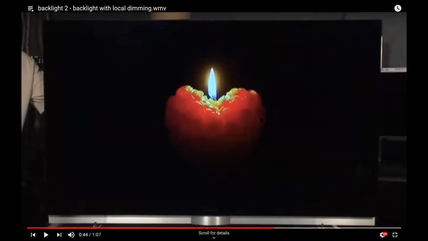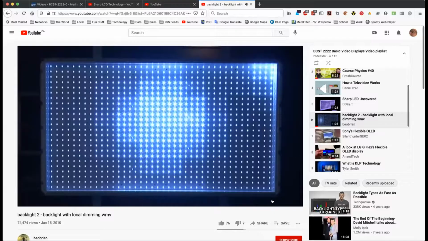The LCD panel is creating the pixels that form the image, but what's illuminating that image, what's creating that light to come at you, is this light from behind, okay? So that's a backlight. Very common, very cheap, very reliable, but not the best, not the most perfect.